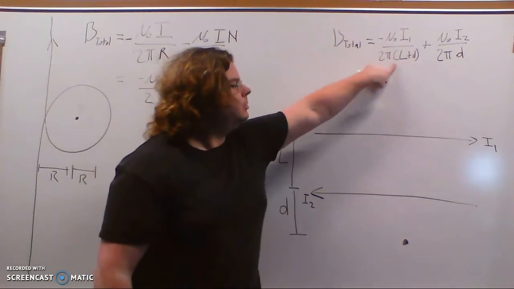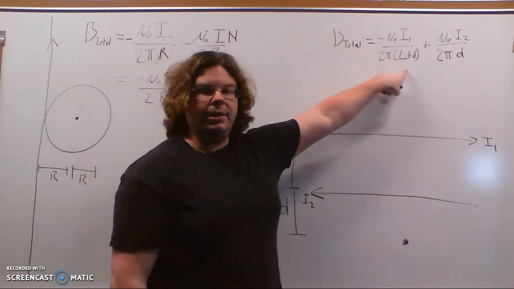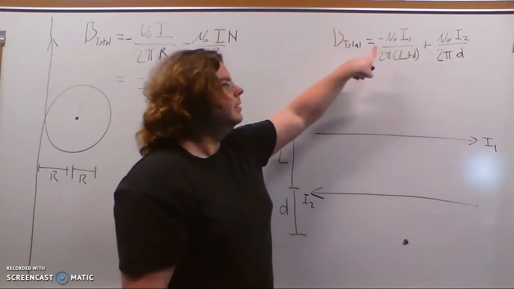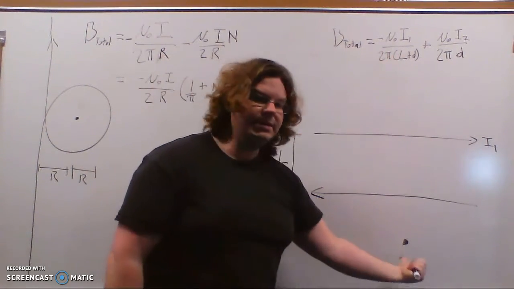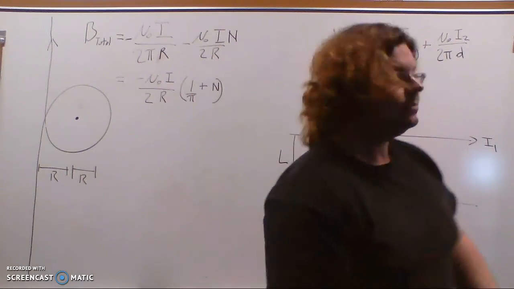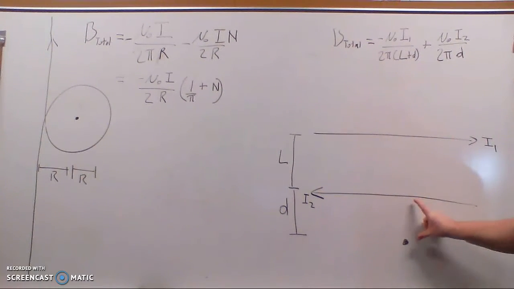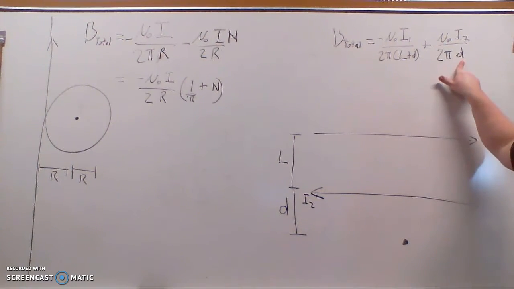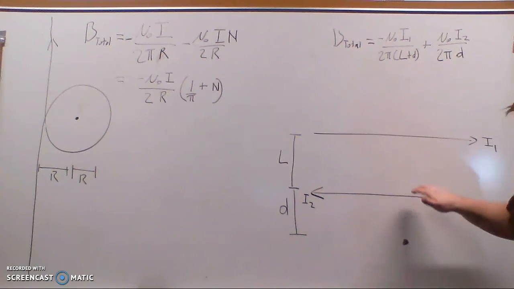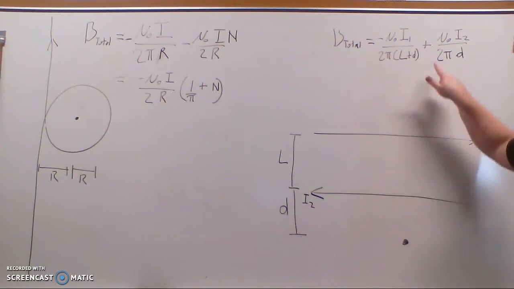That means the total distance from here all the way to here is going to be L plus D. Negative there to indicate that that contribution to the magnetic field points into the wall. This wire, it's only a distance D away from this. So in our formula, we only have to put distance D. And because the corresponding magnetic field points out of the wall, that means it's going to be positive.